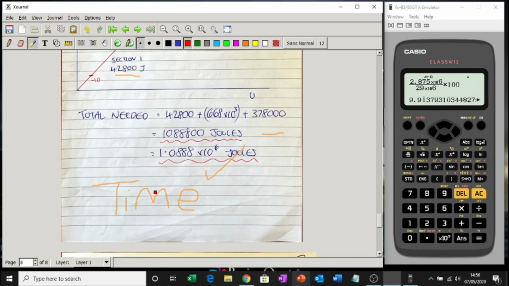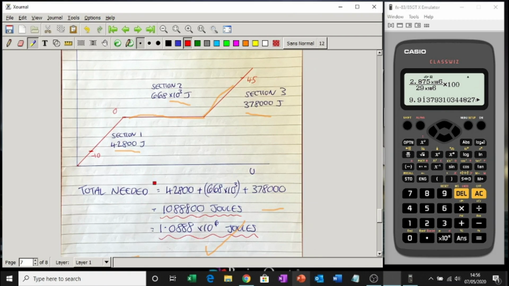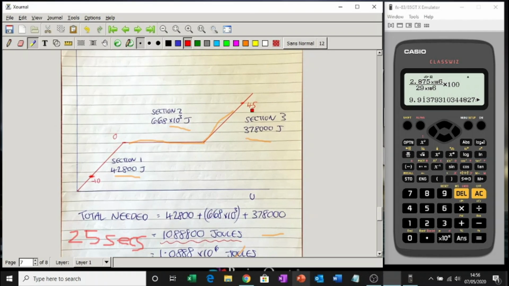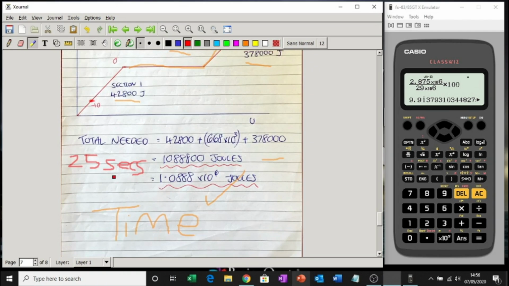So this one here, so we know that to go from minus 10 up to 45 degrees, so ice at minus 10 up to water at 45, we need that amount of energy. So say if we wanted to do that, say, I don't know, in 25 seconds, say that was the process, you need to convert ice at minus 10 up to water at 45 degrees in 25 seconds.